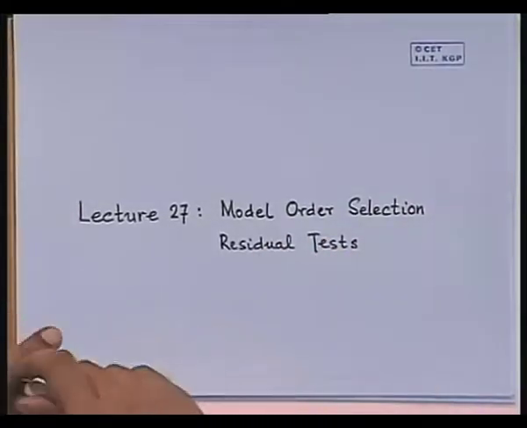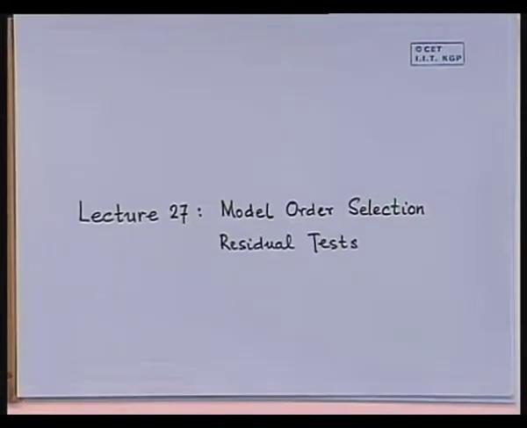But how do you know what is the order of the model? That's a very important thing, and the point to note here is that it may or may not be true that a so-called true model exists.